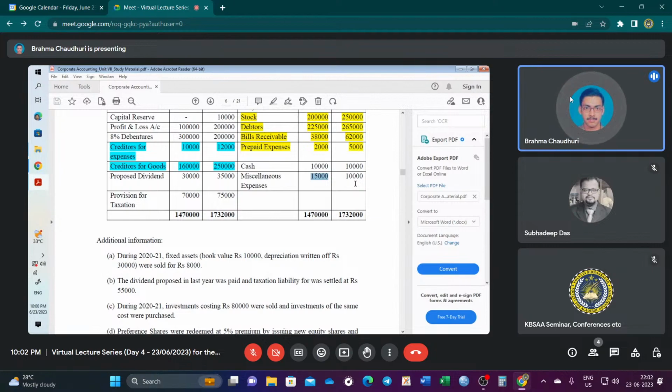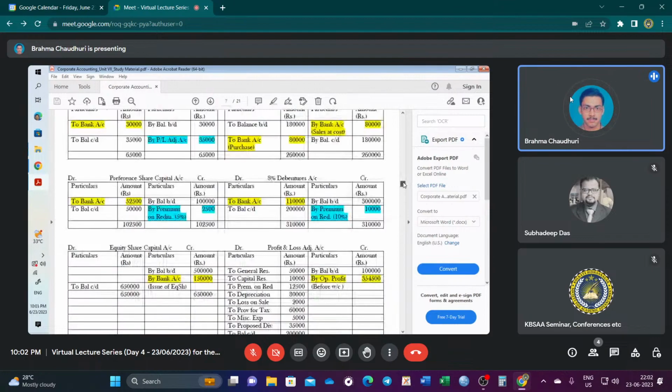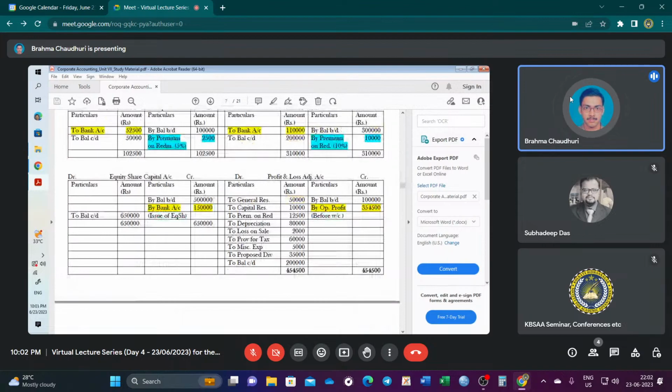We will also keep in mind to show this write-off of miscellaneous expenses of 5,000 in the profit and loss adjustment account. To miscellaneous expenses written off 5,000, we are again showing it in this profit and loss adjustment account.